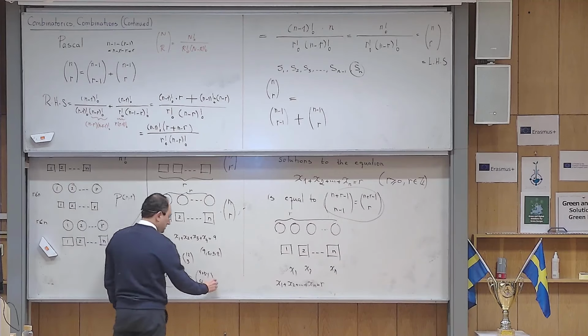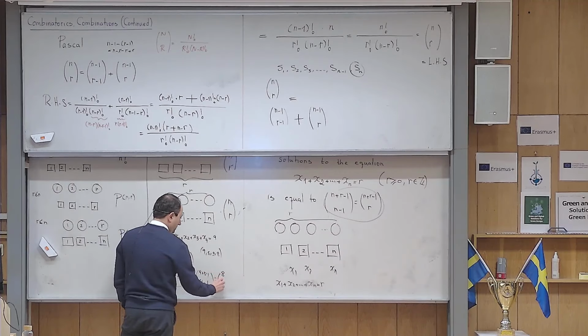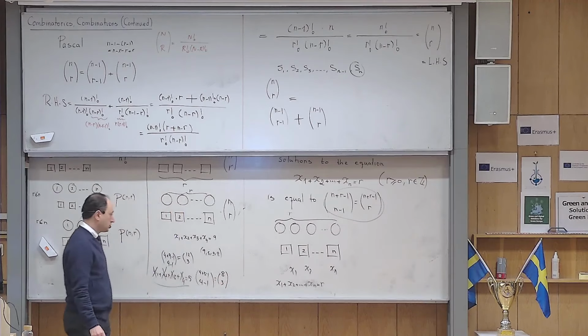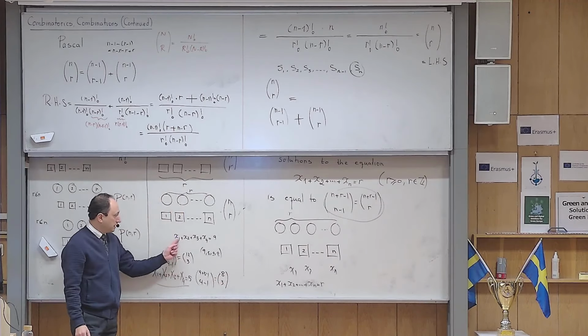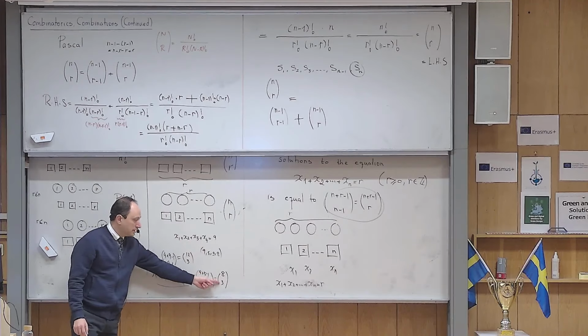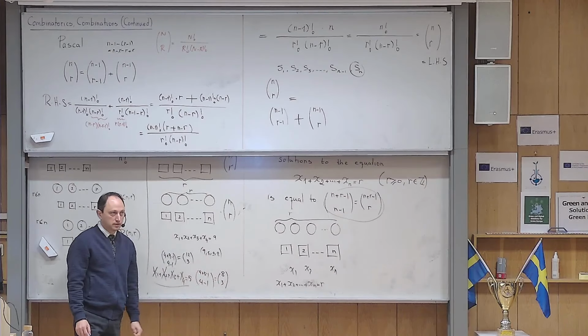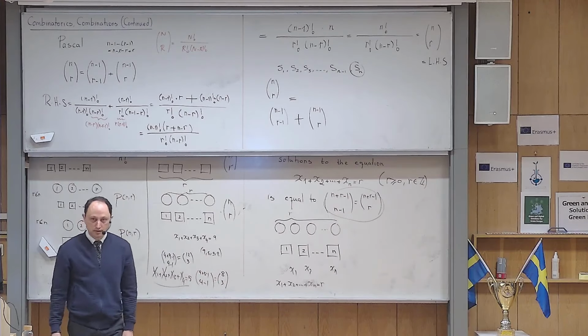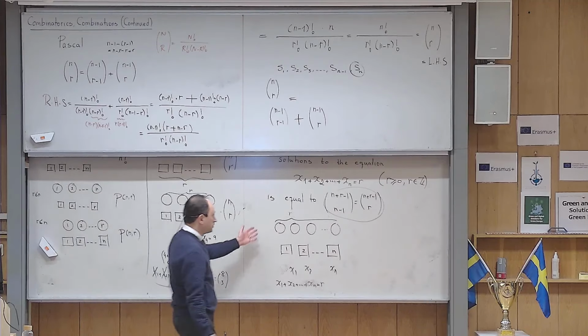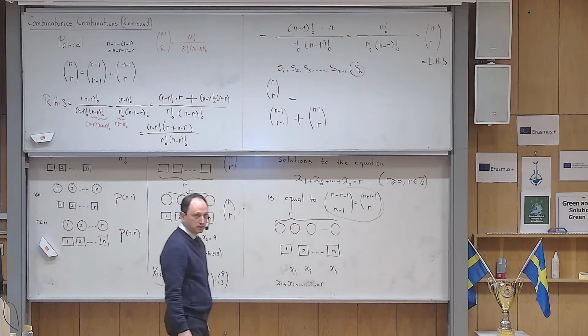So the answer to this problem is C(8,3). So this is the number of non-negative integer solutions. Yes? Is that right? So this is why it is good to think about this distribution model.